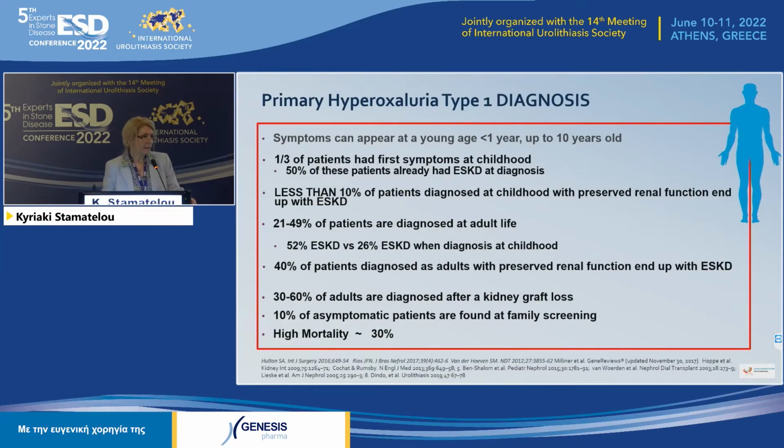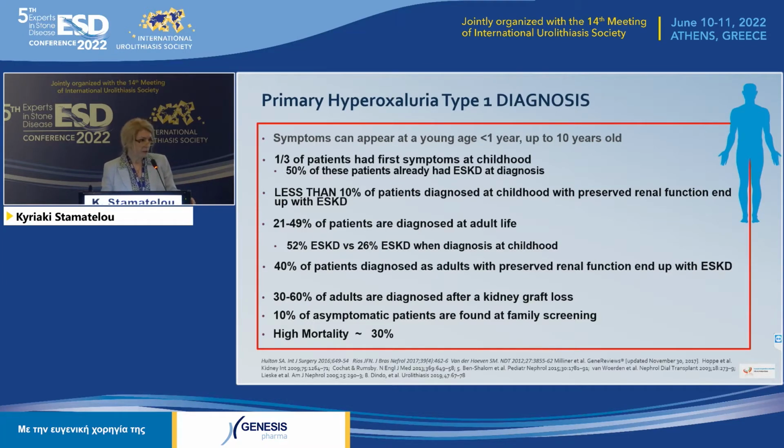This is how the disease appears, and this is part of the heterogeneity of its presentation. Symptoms can appear in very young children, younger than 1 year, up to 10 years old.